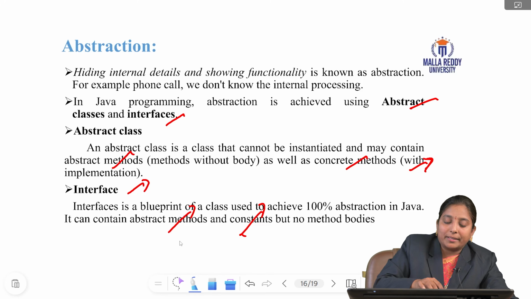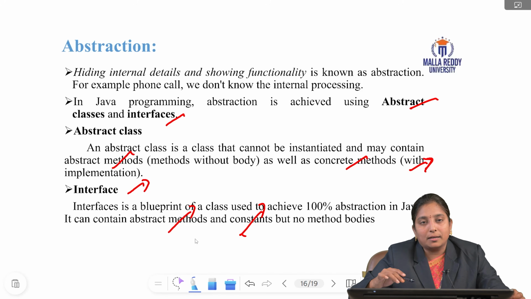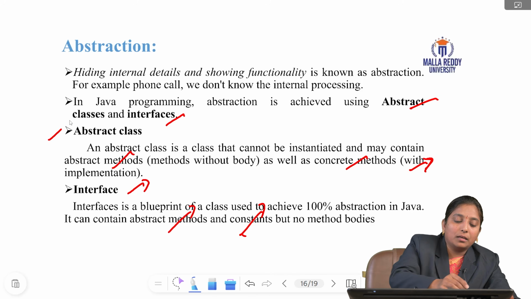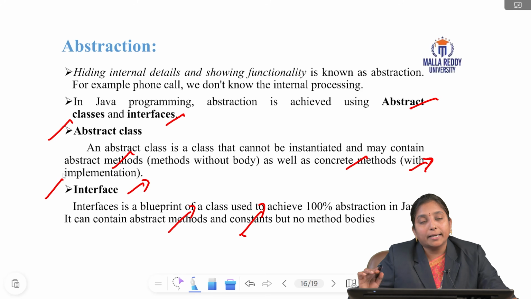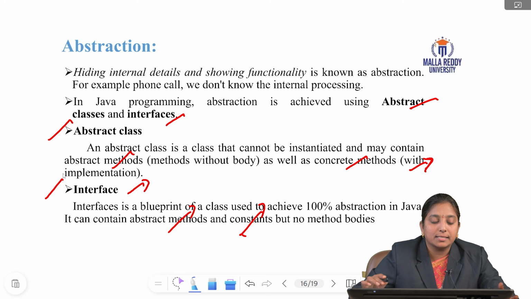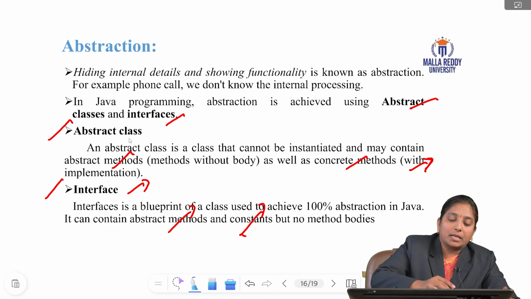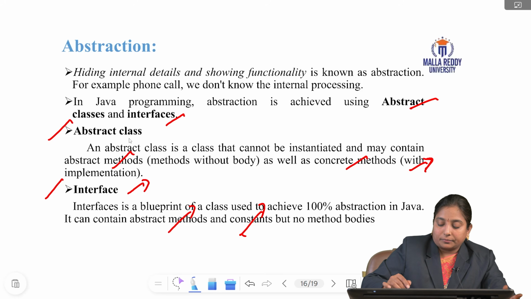That means abstract methods contain only the prototypes, no method bodies. By using abstract classes and interfaces, we can achieve abstraction in Java.